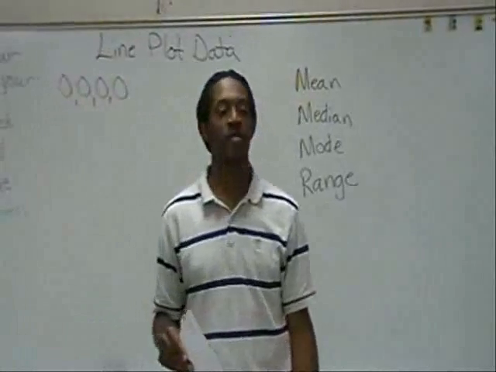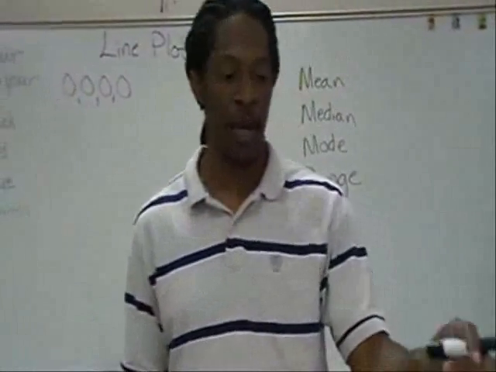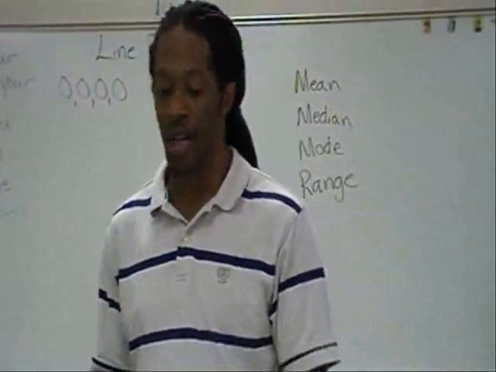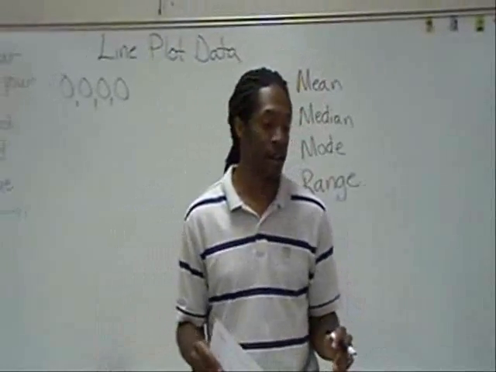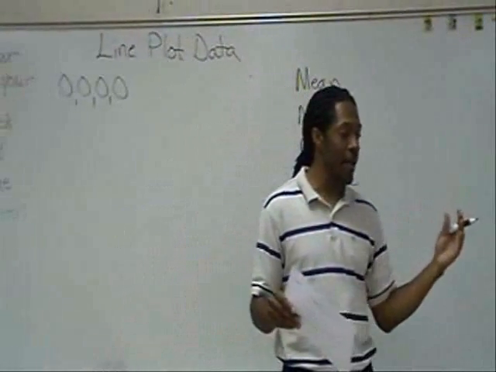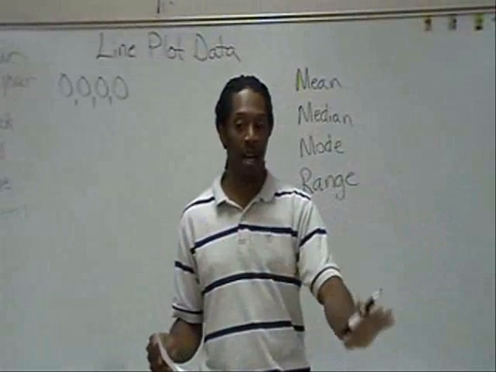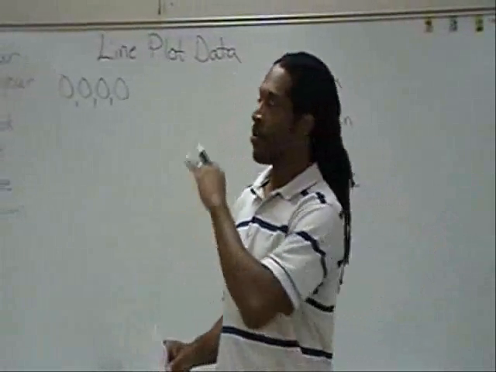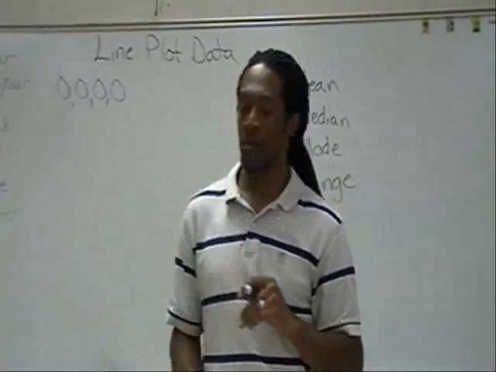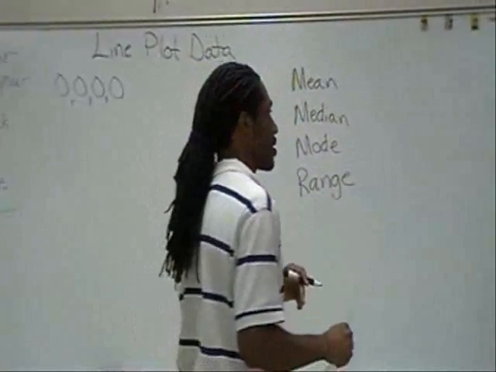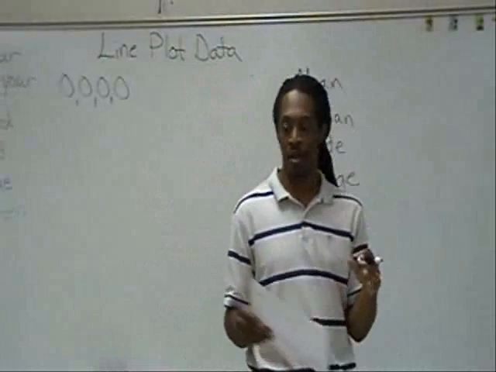Four people have 0 pets. That goes on this sheet of paper that you just took out. This is your line plot data. Okay? Remember, after we write it all out, you're going to do what with it? Take it and put it back in your binder, put it away, and then we're going to write our homework down.